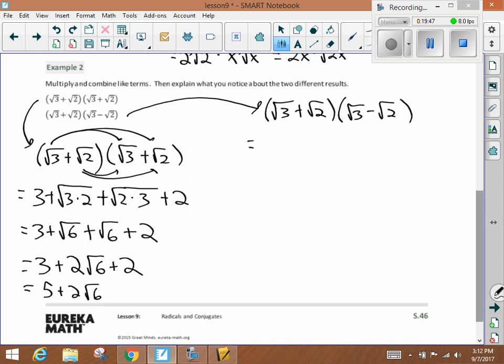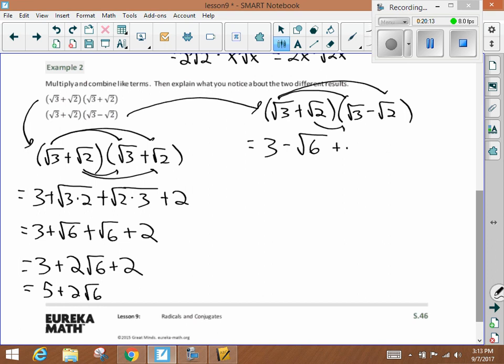All right, square root of 3 times the square root of 3 is going to be 3. And the square root of 3 times negative square root 2 is negative, let's call that root 6, okay, right away.